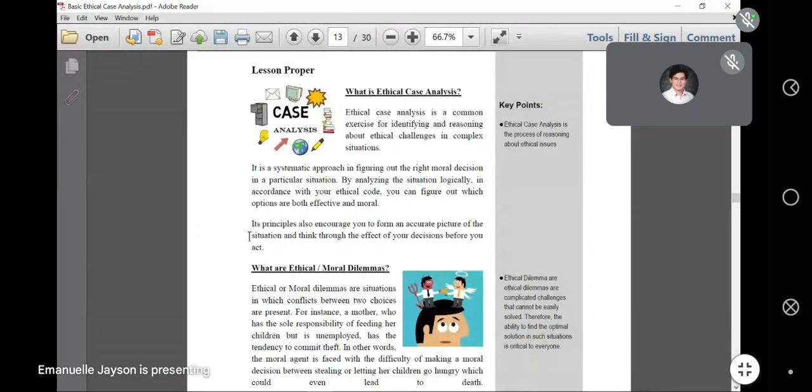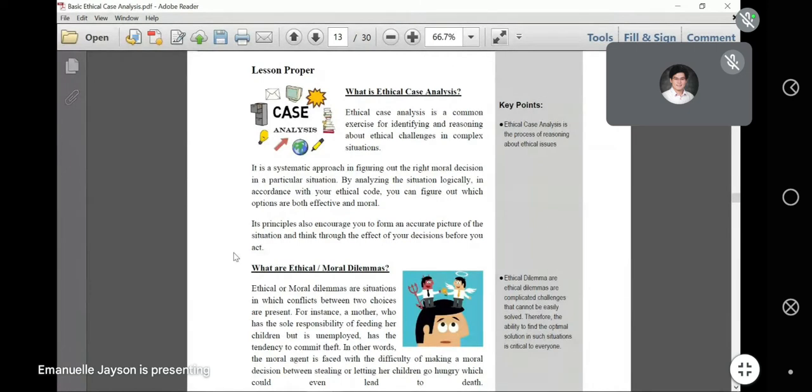So for example, when it comes to utilitarianism, babalikan natin yung lesson natin sa utilitarianism. In a nutshell, it simply states that you should always choose to act with the thinking that the result of your action would be beneficial to the majority of the people.